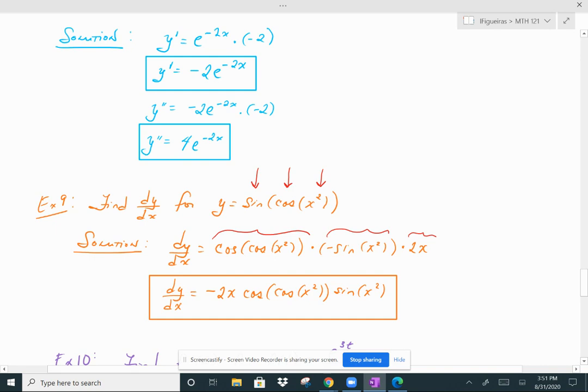The derivative of x squared is 2x. And then we can multiply the negative in front of the sine and the 2x to give me negative 2x. I'll put that in front. And then times cosine of x squared times sine of x squared. And that's all you can do with it. You can't simplify anything else.